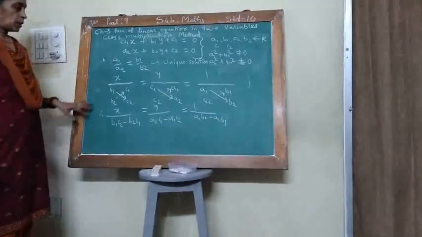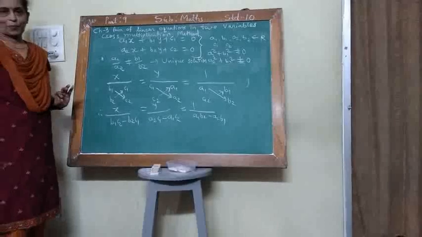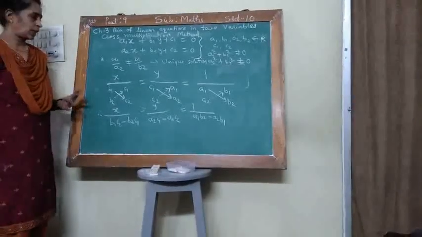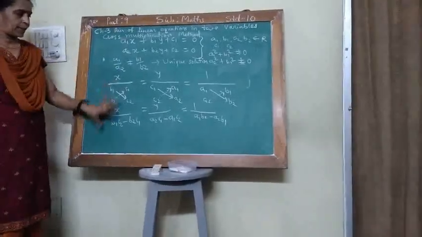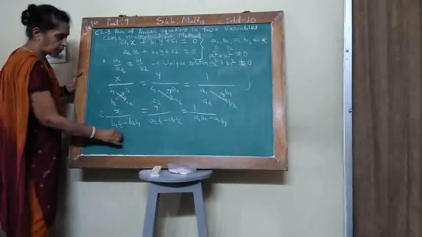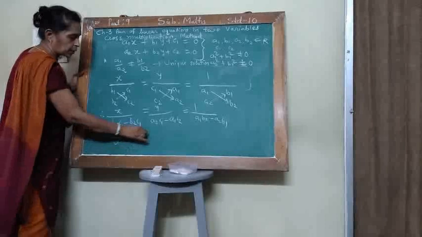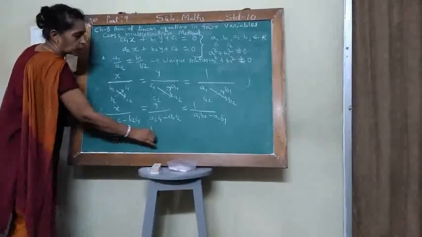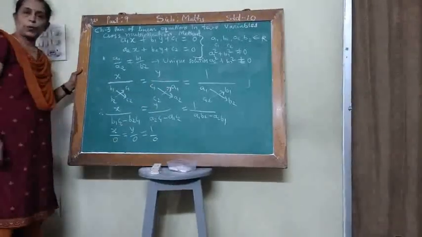Clear? So here I now say one important thing, if you don't check and you apply it this way, suppose this calculation gives x upon 0, y upon 0 and 1 upon 0, all subtractions become 0.